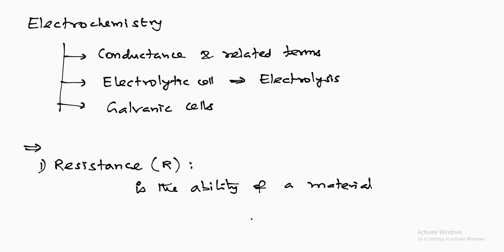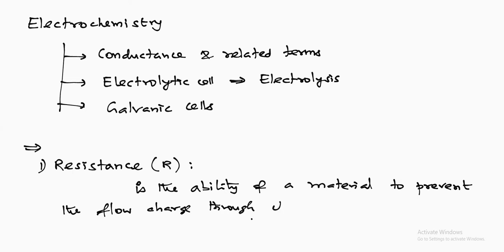Resistance is the ability of a material to obstruct or prevent the flow of charge through it, through the material. This is what we call as resistance. So the material itself provides some obstruction to the flow of charge through the material.